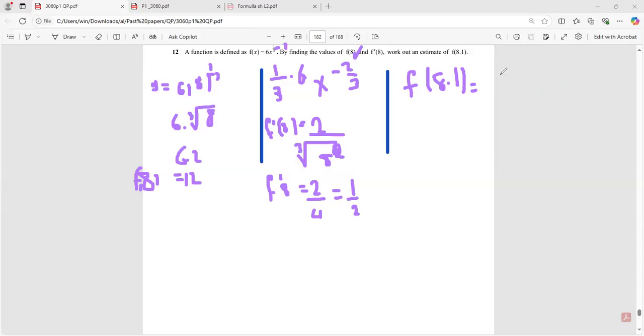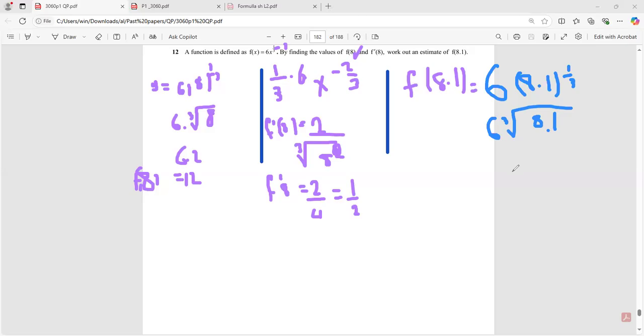So it will be 6 multiplied by 8.1 all to the power third, or the cubic root of, so it is 6 multiplied by the cubic root, so there is no negative sign here, of 8.1, the cubic root.